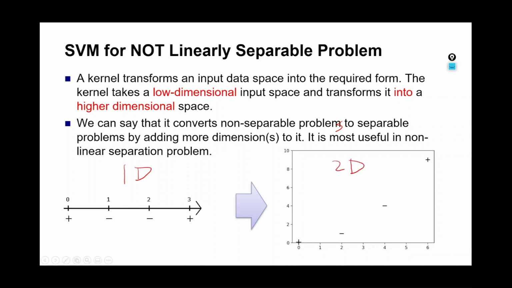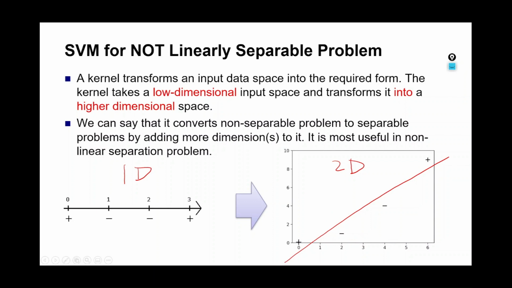If we make some function to transform our original values into a higher dimension, clearly, looking at the second plot, this is linearly separable because I can draw a line over here. This becomes our conventional SVM problem where we have one class on one side and the other class on the other side.